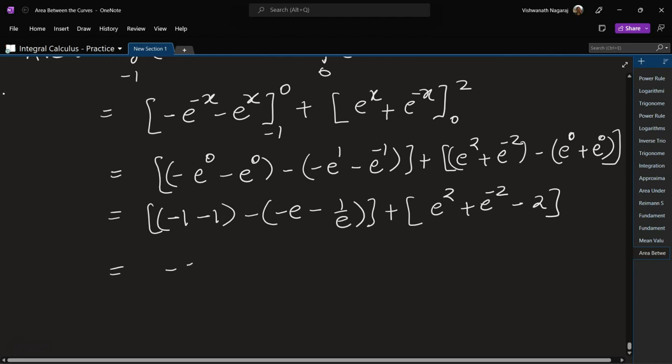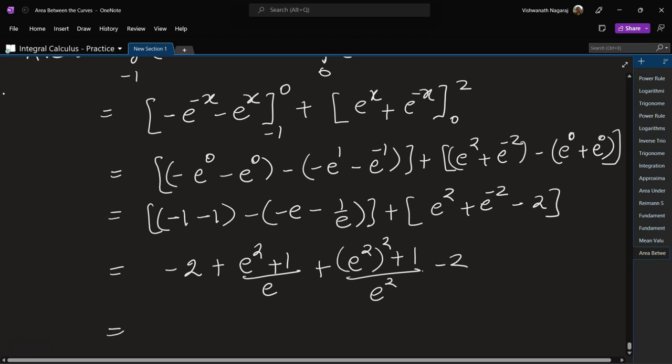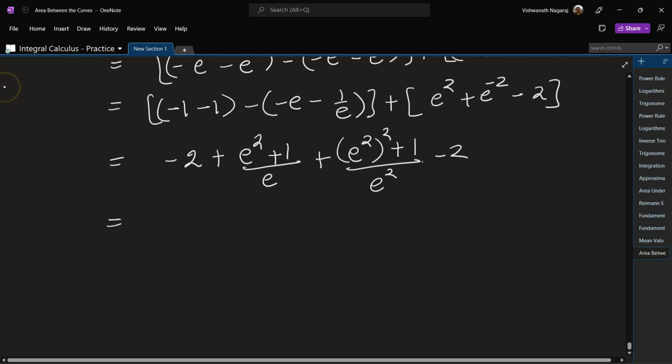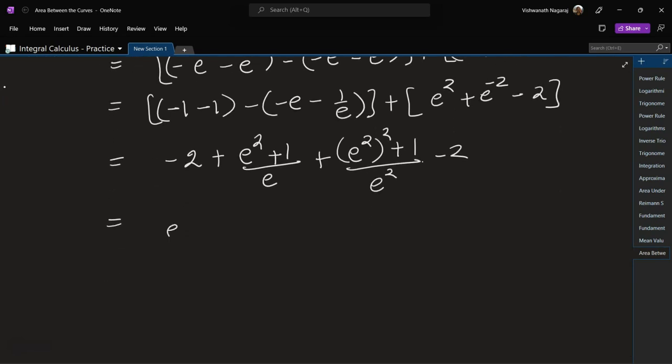Okay, so here also we have minus 2 plus e square minus 1 plus 1 by e square minus 2. So finally the area between the curves would be e square plus 1 by e plus e to the power of 4 plus 1 by e minus 4.